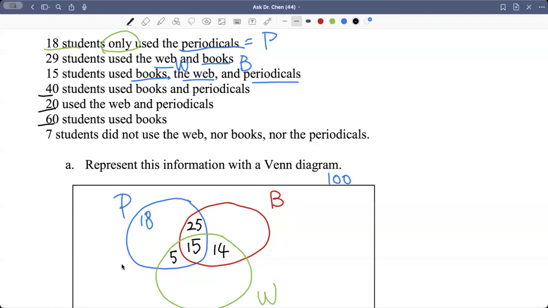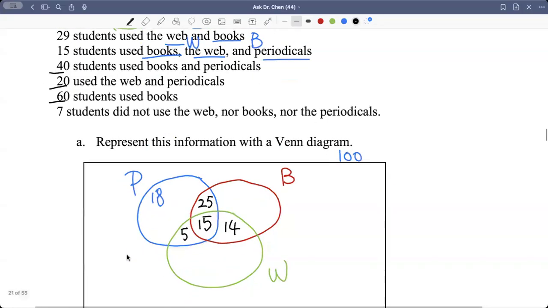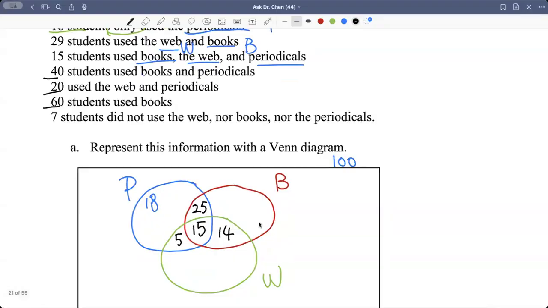Now 60 students use the books. It didn't say only use the books. But how many are already there in the books? We have 25 plus 15 plus 14. 25 plus 15 is 40, plus 14 is 54. Wait, as stated, 25 plus 15 is 30, 30 plus 14 is 44.